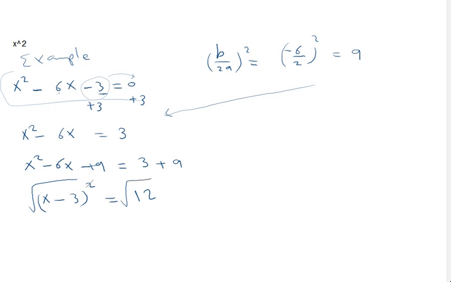For both sides, we will get x minus 3 equals plus or minus the square root of 12.